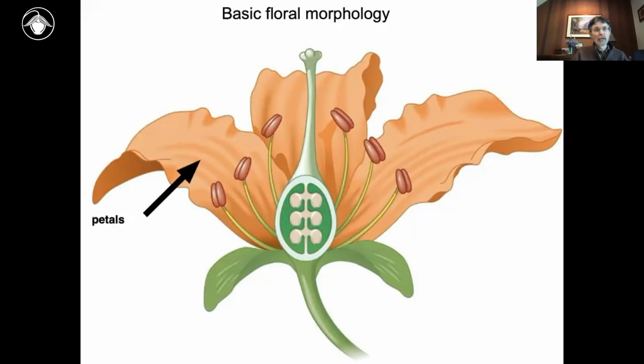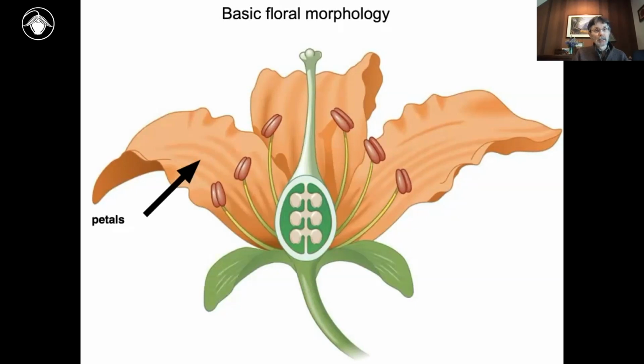The petals are the other, what we'd call sterile appendages of a flower. The sepals and petals taken together are the outermost 2 whorls of the flower, and they don't bear either pollen or ovules.